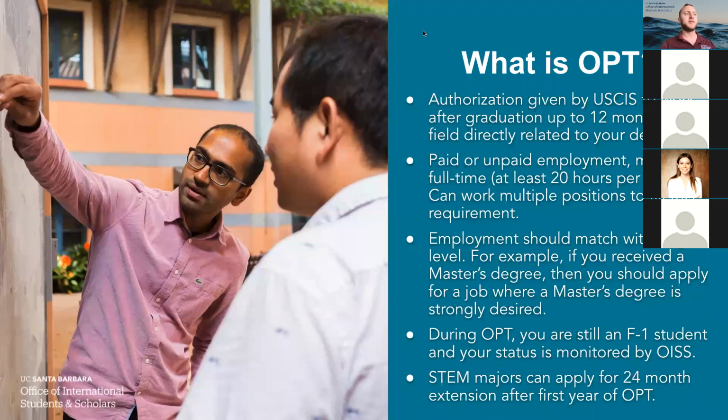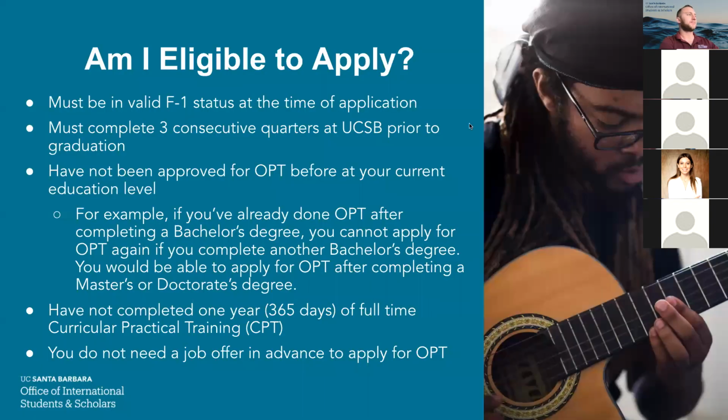That can be done within the 3 months before the end of your OPT period. From month 9 to month 12, if you're a STEM major, you can submit an application for your 24-month extension.